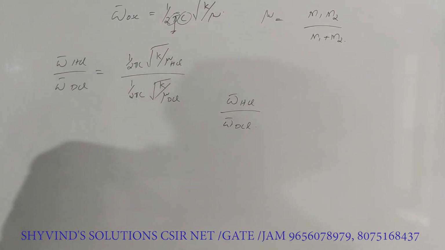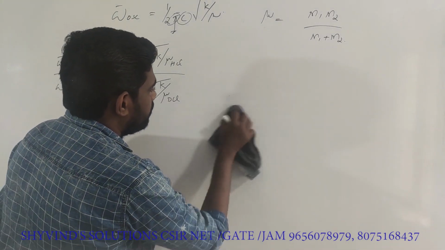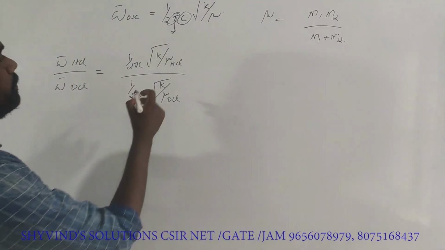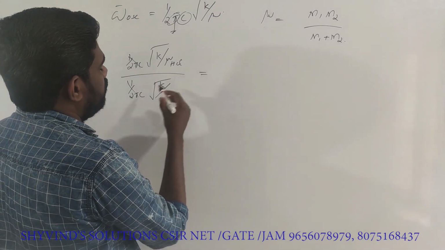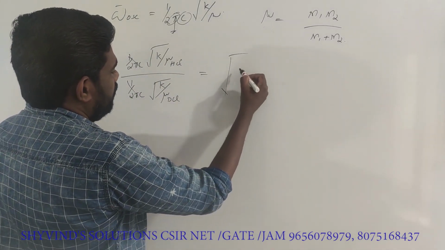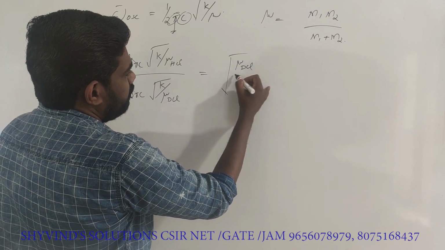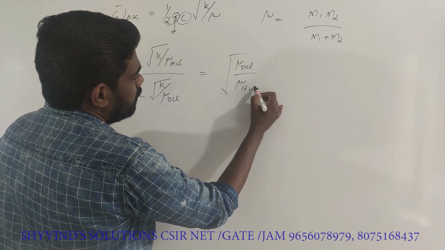Okay, so it will be cancelled out. You can see it here. It will be equal to root of mu DCl divided by mu HCl.